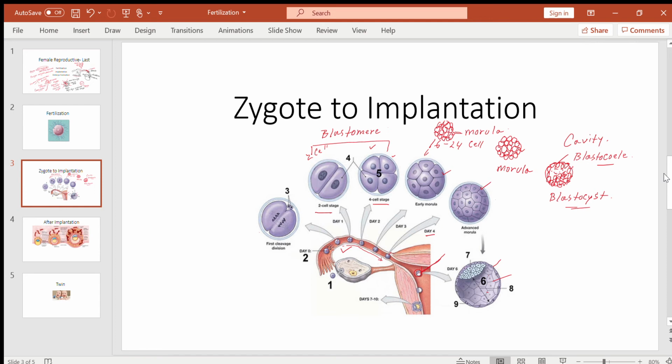So endometrium does exactly the same thing, and then you put the seed right in the bed. Same thing, the blastocyst will get stuck to the endometrium, and that is called implantation.